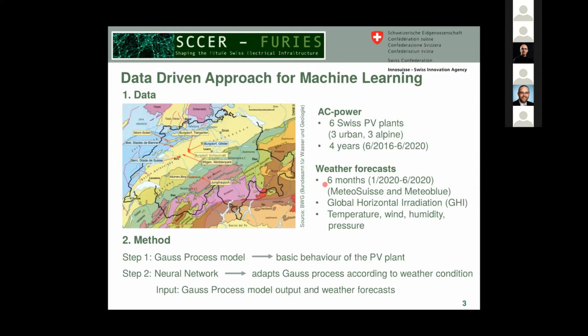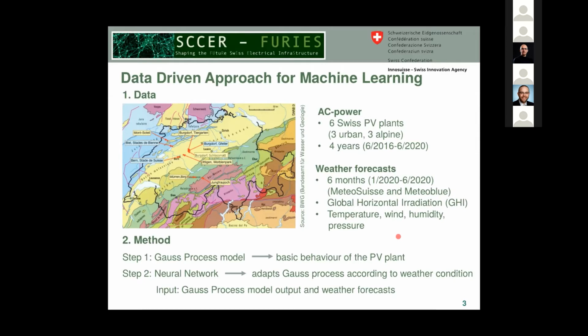So we needed to record the forecast ourselves during the project. We recorded the parameters of global horizontal irradiation, as well as the temperature. And additionally, Meteo Blue provided us with wind parameters, humidity, and pressure.